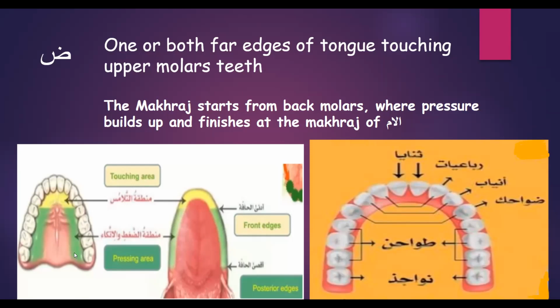When you say the letter dad with the sukoon, the tongue, due to the pressure being built up in the mouth, gets slipped from the front. So when you're pronouncing the letter dad, the sound continues, but it's within the mouth. The sound, the makhraj, is prolonged. The tongue slips slightly forward under the pressure that we built up.